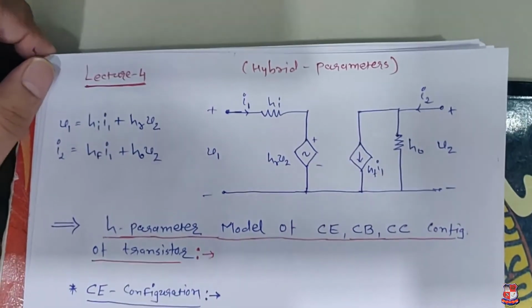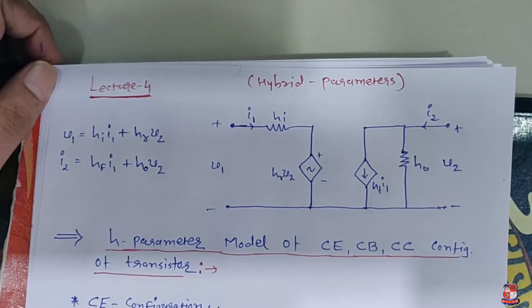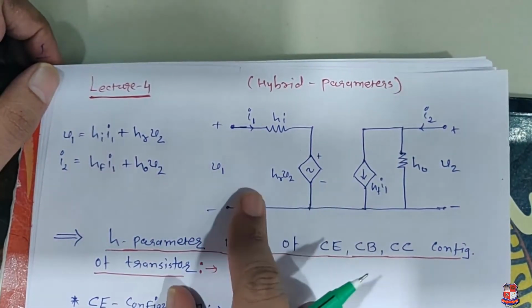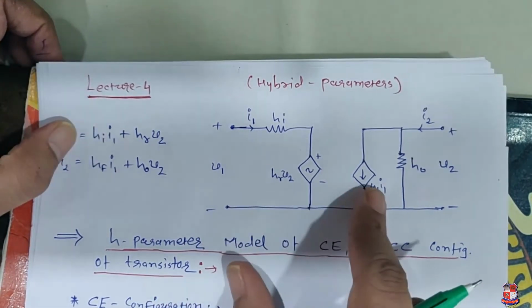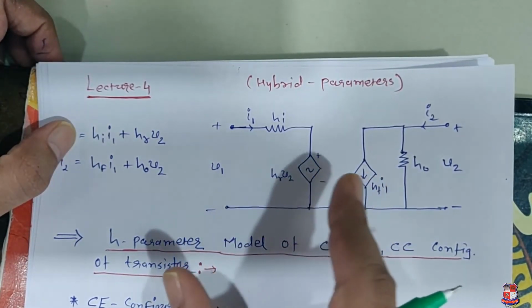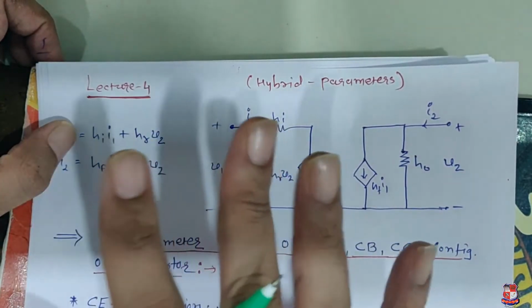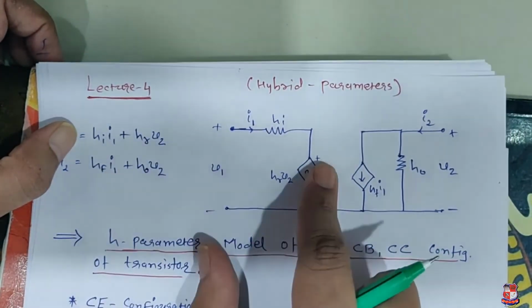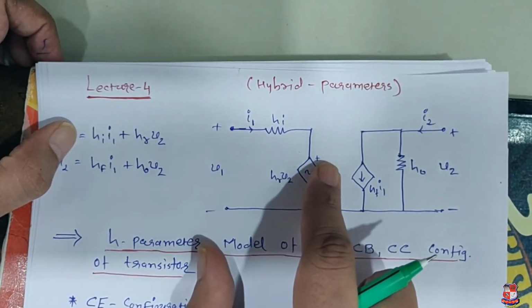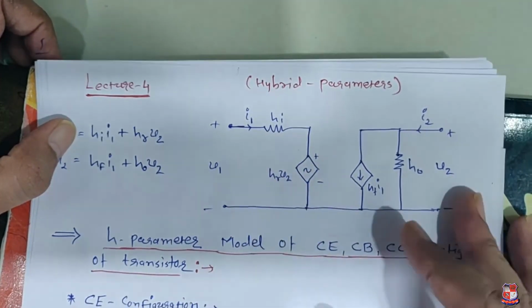So in the previous lecture we have discussed the transistor equivalent model of H parameter. H parameter equivalent model of simple transistor, this was the derivation or the equation of the H parameter model we have seen. Now what is the change?